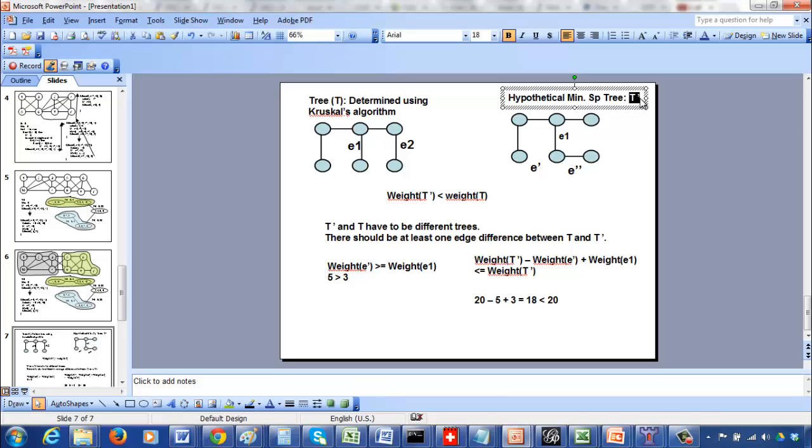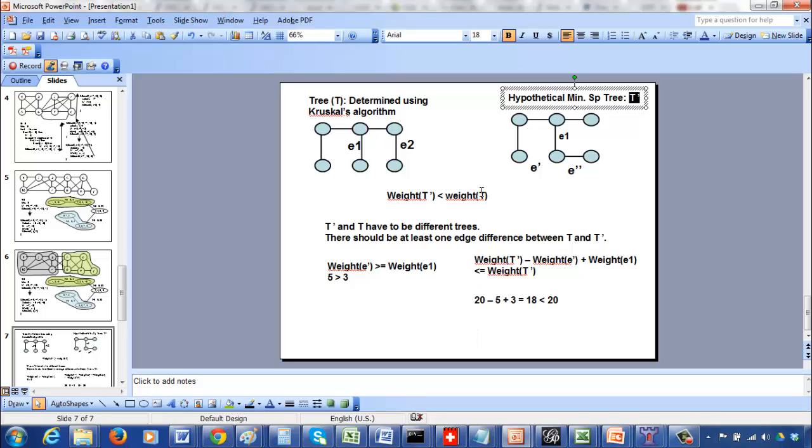Remember, a minimal spanning tree means the sum of the edge weights is a minimum, and we cannot find anything lower than that sum. We have now shown that we can reduce it even further, which is not possible. So T prime is not a minimal spanning tree to start with, which is a contradiction.